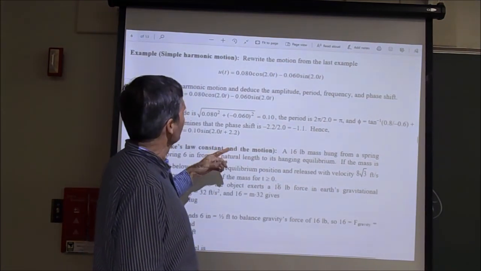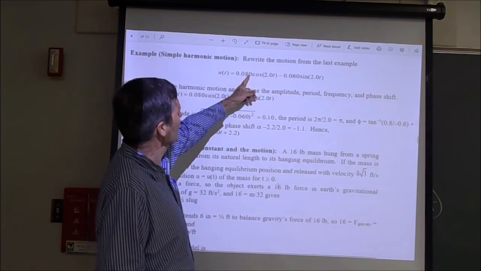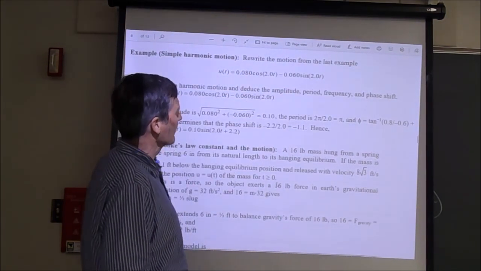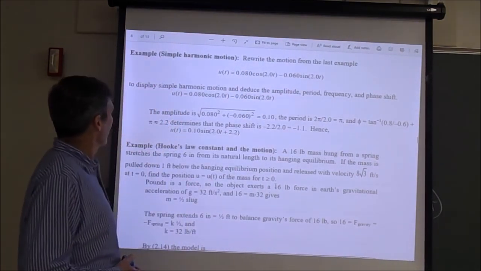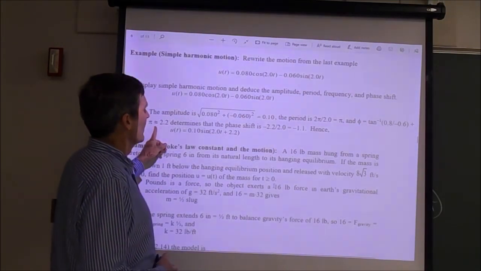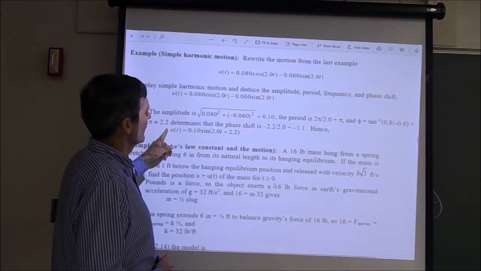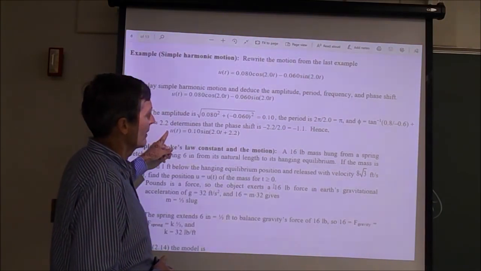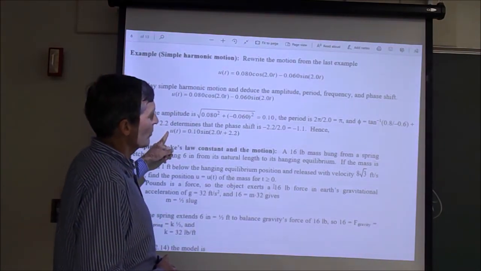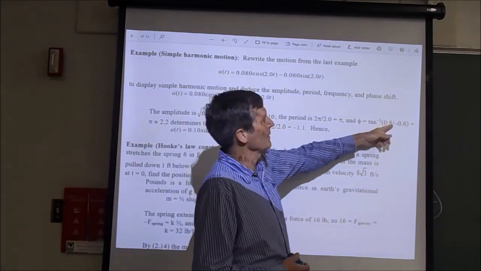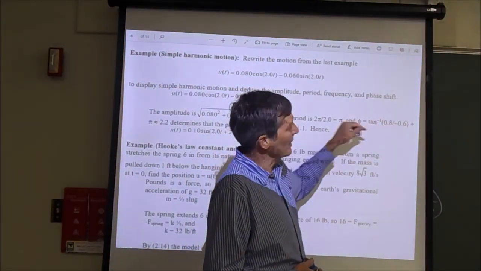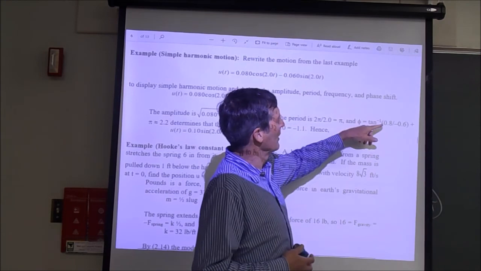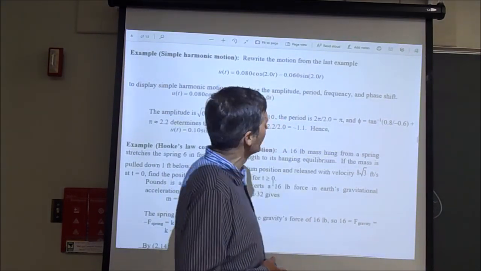But it's arctangent of C1 over C2, the reason being that this is in quadrant 4. In quadrant 4, if you plot C2 and C1, you don't add the pi.